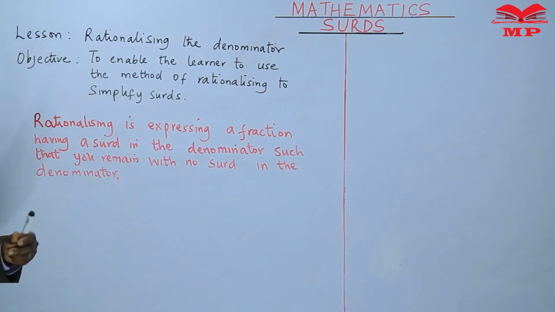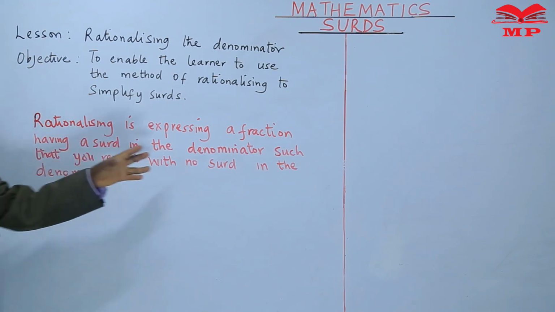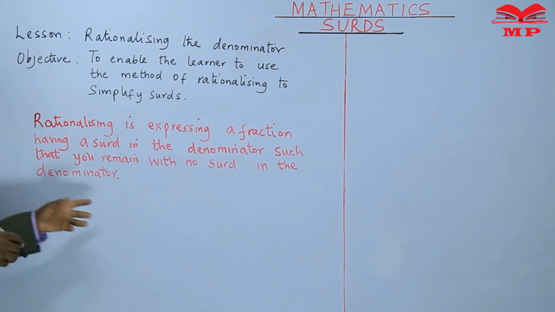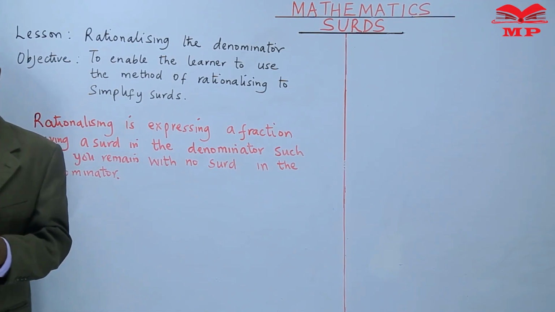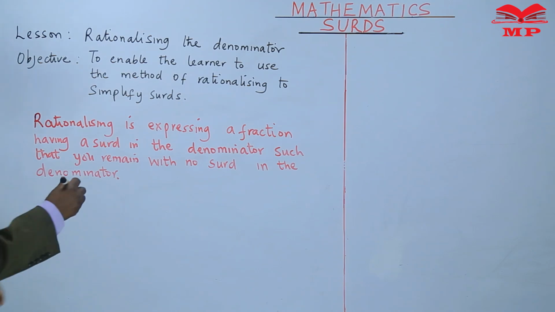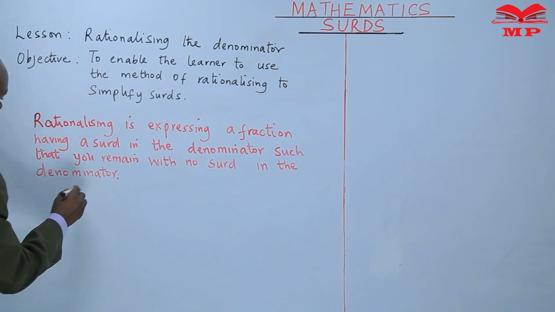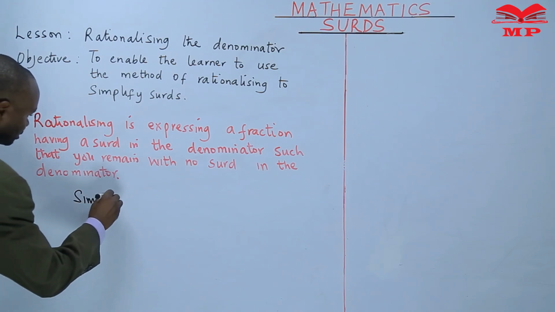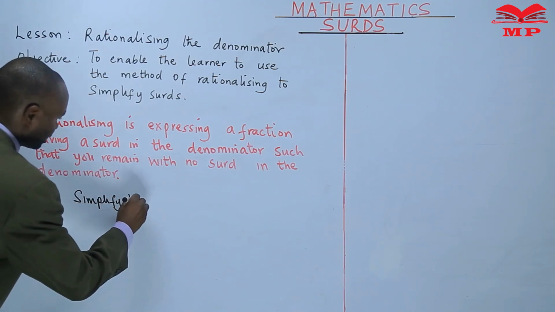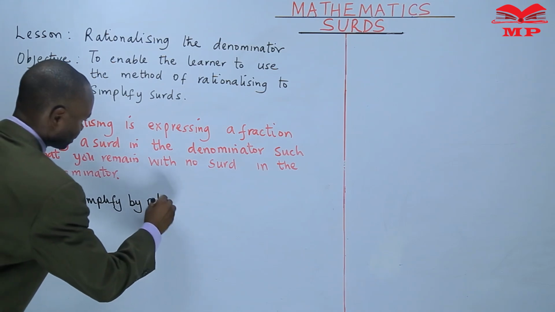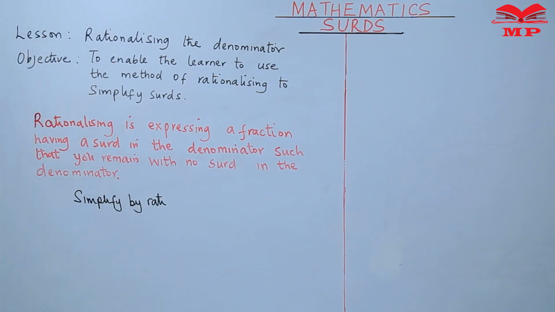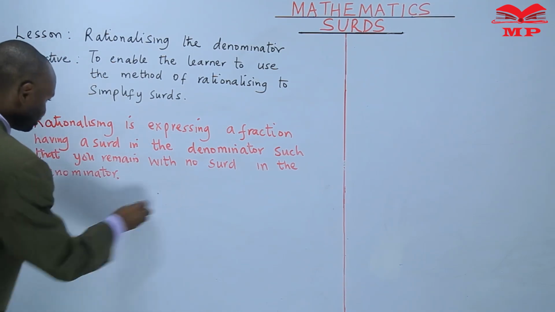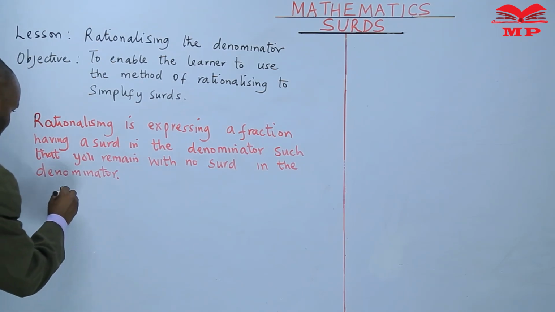Rationalizing is expressing a fraction having a surd in the denominator such that you remain with no surd in the denominator. It's best looked at when you have examples. You can be told to simplify by rationalizing. So they can tell you simply: rationalize the following.